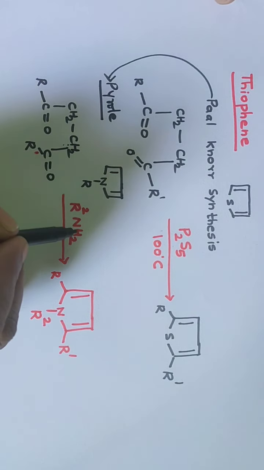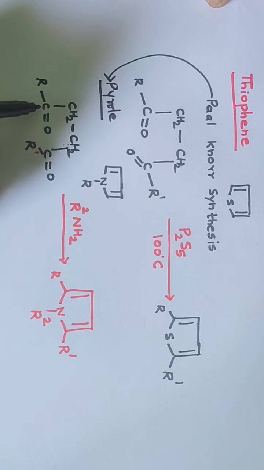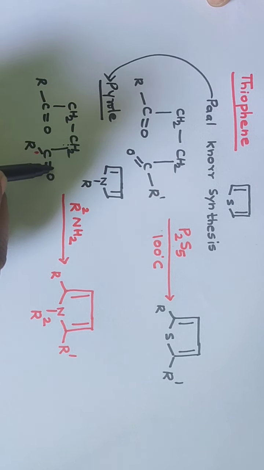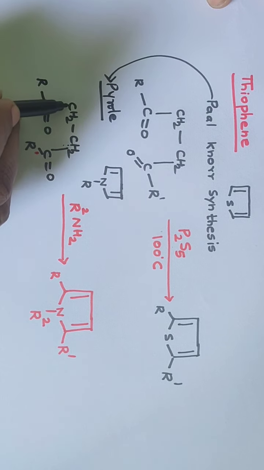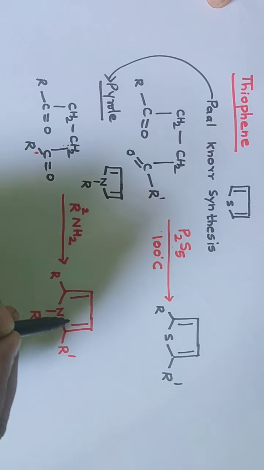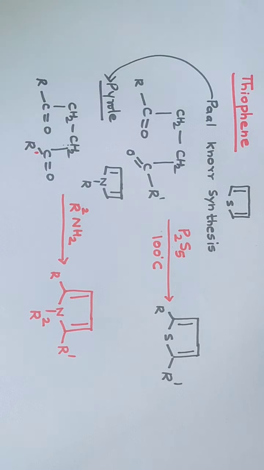See what actually happens. This nitrogen attacks this carbon and forms a bond. The double bond O gets converted into OH, and the same nitrogen attacks this carbon, and that double bond O gets converted to OH. Then loss of water takes place, hydrogen and OH from here, resulting in the formation of a double bond. So this is how the pyrrole is synthesized.